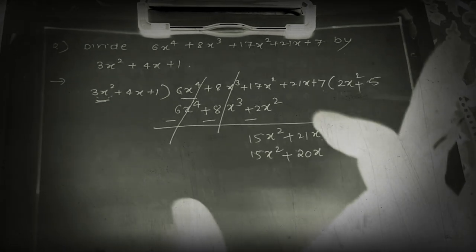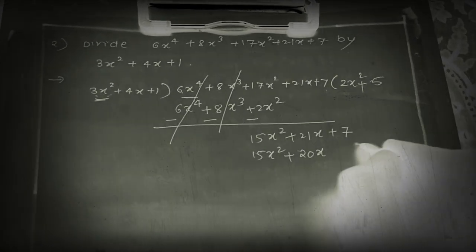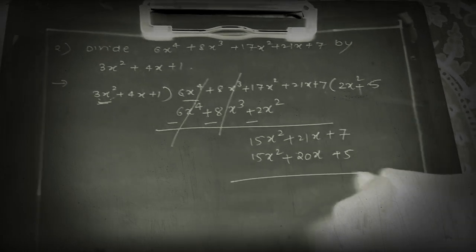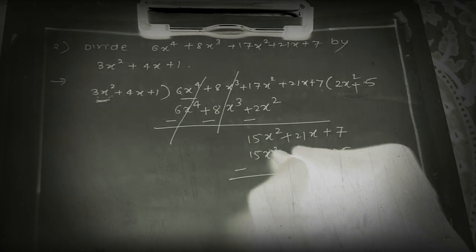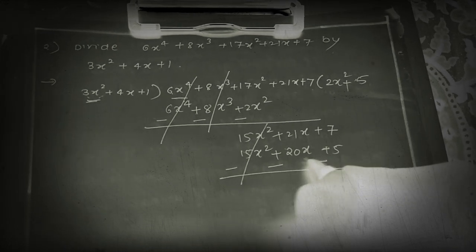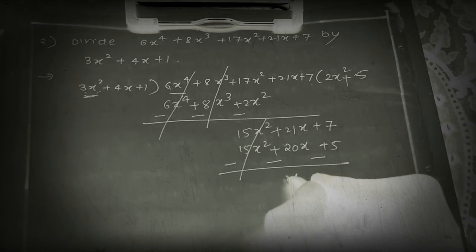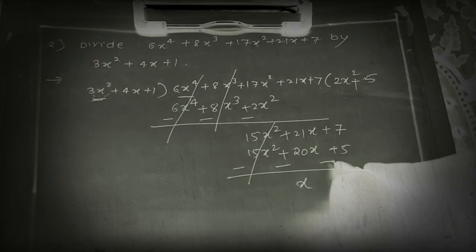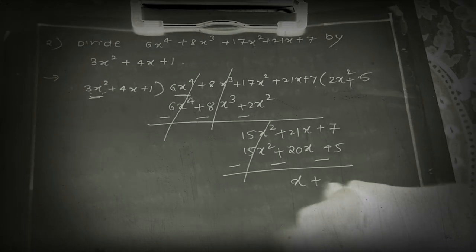All are plus signs, so no need to think about the sign. 1 into 5 is 5. Then change the sign. 15x square minus 15x square will get cancelled. 21x minus 20x will be 1x, no need to write 1. 7 minus 5 will be plus 2.